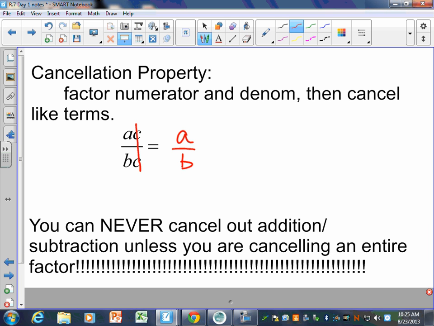You don't have to write all those exclamation marks. But this is the big thing when you're doing this. You cannot cancel out, like break up, addition and subtraction, unless you're canceling out the entire sum or difference. So I'm going to give you an example of that. If you had A plus B over A plus C, that's very different than that one.